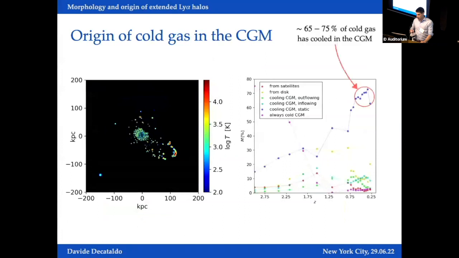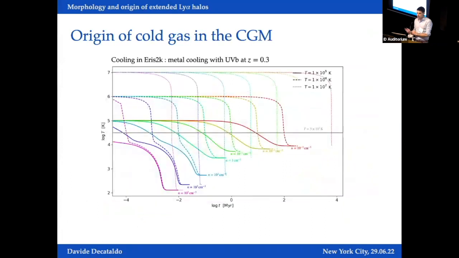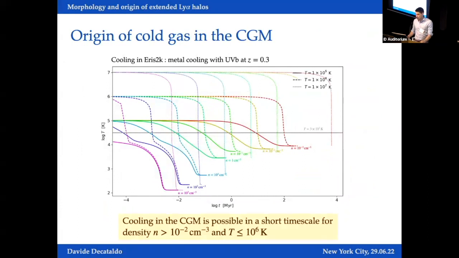The cooling itself in the CGM is not actually crazy to explain because running the temperature evolution with the cooling function in ARIS-2K, we can see that the gas which is dense enough, let's say above 10^-2 particles per cubic centimeter, can reasonably cool in a time scale of 10 megayears at most.